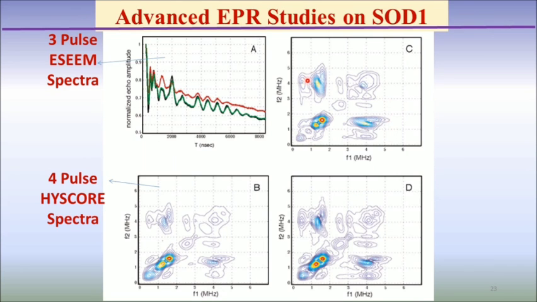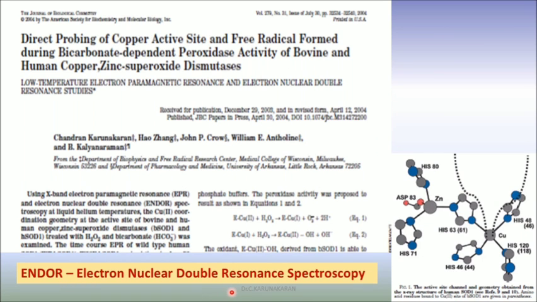We have also used advanced EPR techniques to study the active site geometry changes in SOD1 during thiol oxidase and peroxidase activity, using 3-pulse ESEEM (electron spin echo envelope modulation) spectra and 4-pulse HYSCORE spectra shown here.